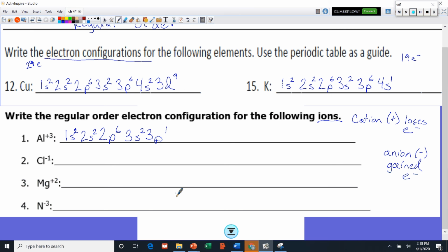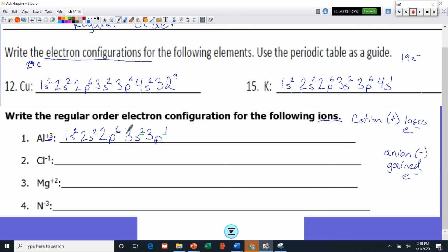Now, this is for a neutral aluminum. If I want to make an aluminum ion, I need to get rid of 3 electrons. So that means that I have 1 electron here, 2 electrons here. So 1 plus 2 is 3.